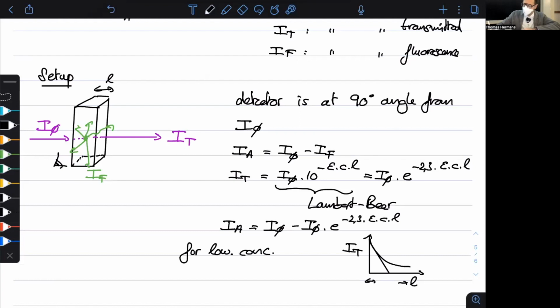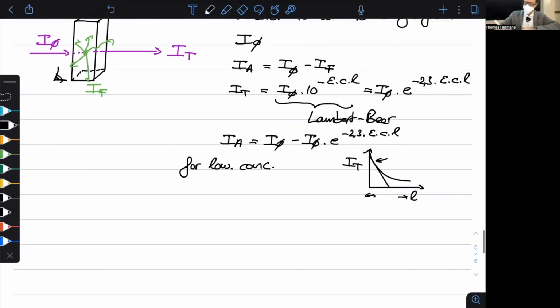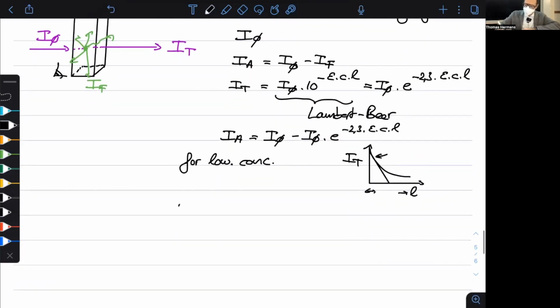So if that's linear, we can do what people like to do, linearize things. So IA, I'm just rewriting this equation, assuming that first part is linear.